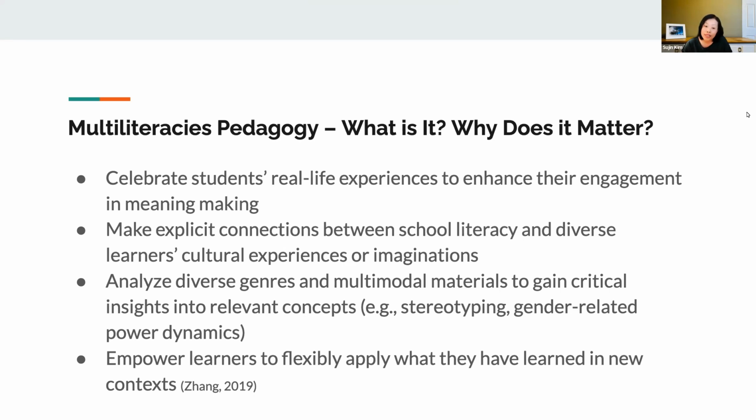This pedagogy also engages students in the analysis of diverse genres in multimodal materials and forms, so that learners can develop critical insights into a range of topics and concepts such as stereotyping, gender-related power dynamics, and other contemporary social issues. Through these critically oriented activities, the multiliteracies pedagogy can empower our learners to flexibly apply what they have learned in new contexts.